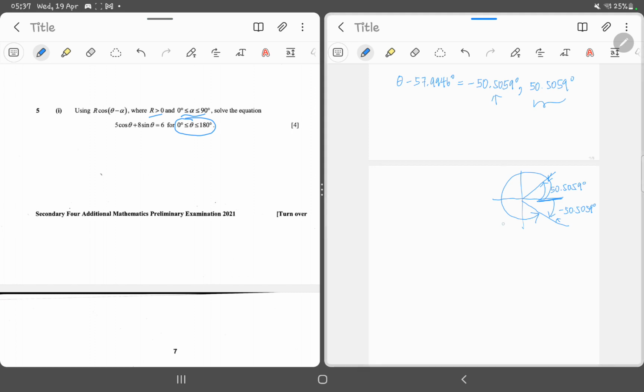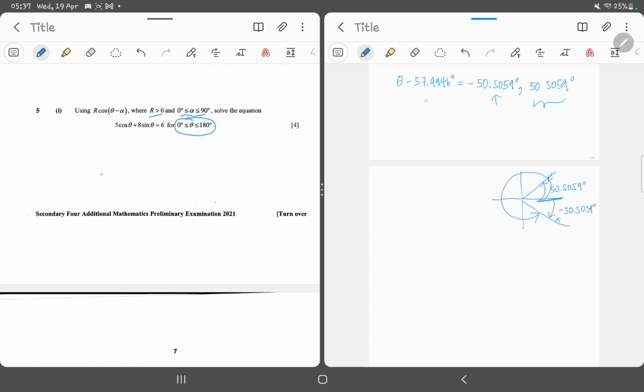If I take this angle, it is 360 degrees minus 50.5059, which is more than 180 degrees, so that answer will be rejected. Instead, I took the negative angle for the fourth quadrant and the positive angle in the first quadrant.